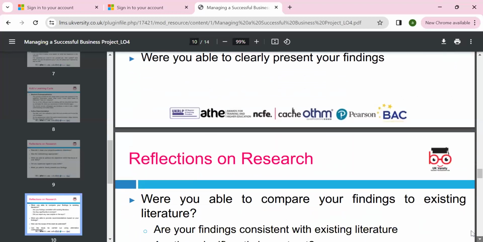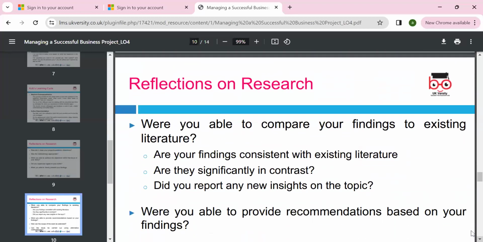Were you able to compare your findings to the existing literature? Are your findings consistent with the existing literature? Are they significant in the construct? Did your report offer any new insight on the topic?